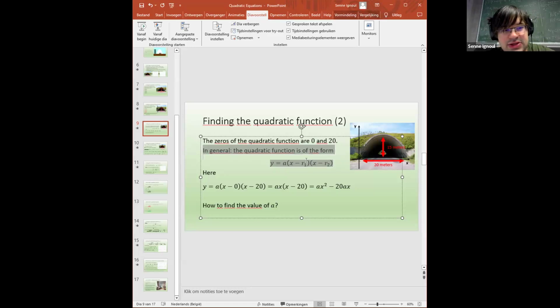We know R1 and R2 because these are the zeros. So this I will tell them, and this they have to think about. I think they will relate this to forming a quadratic equation. So they'll be able to do it. Okay, good.